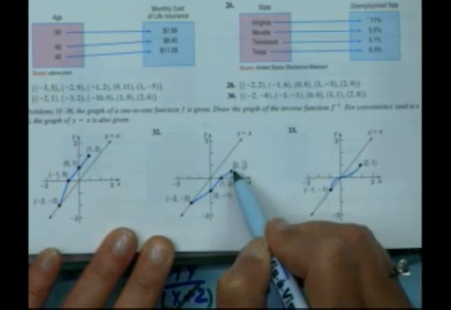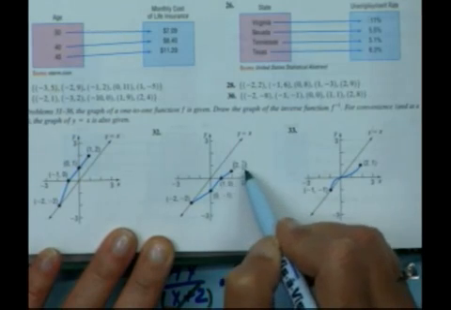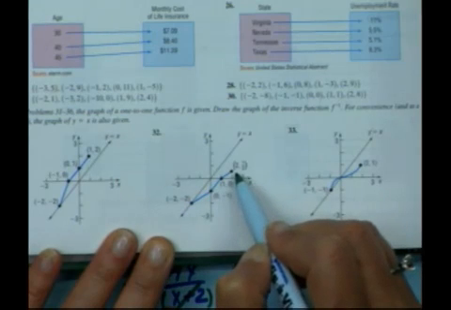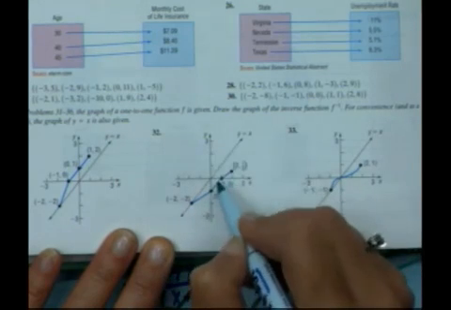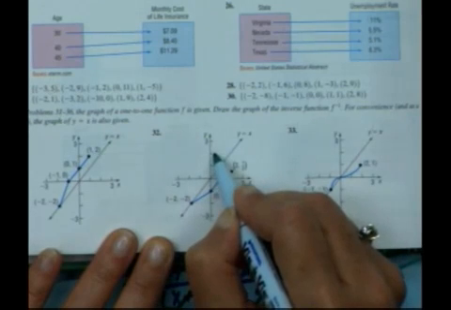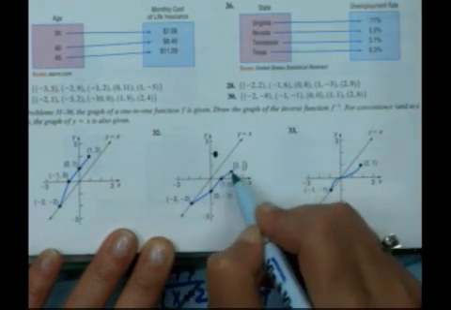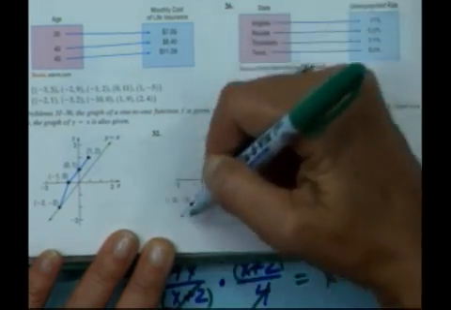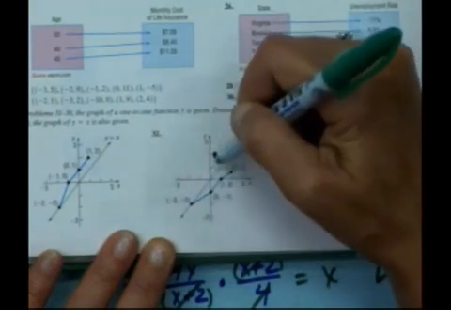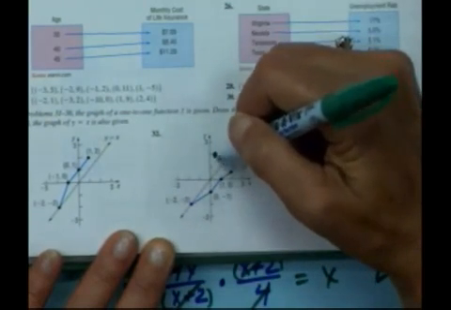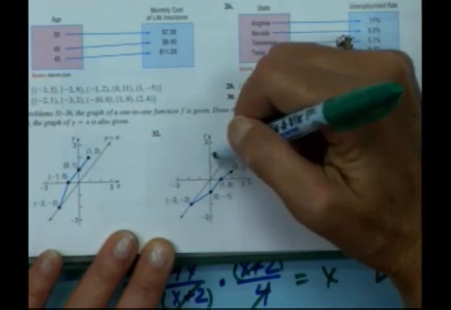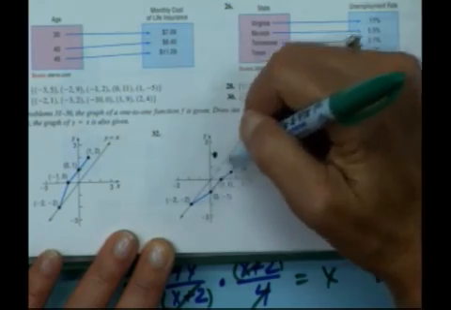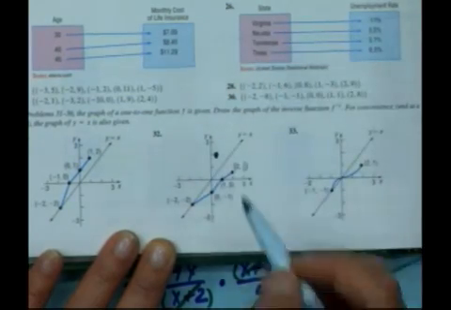If the point (2, 1/2) is on the function, what's on the inverse? (1/2, 2). So that would be right there. It's just going to be a reflection. And a reflection just means if you fold the paper along the line y equals x, it would fit on top of it, and actually that makes a perpendicular line across those two. If you touch one to the other, it'd be perpendicular to the line y equals x.